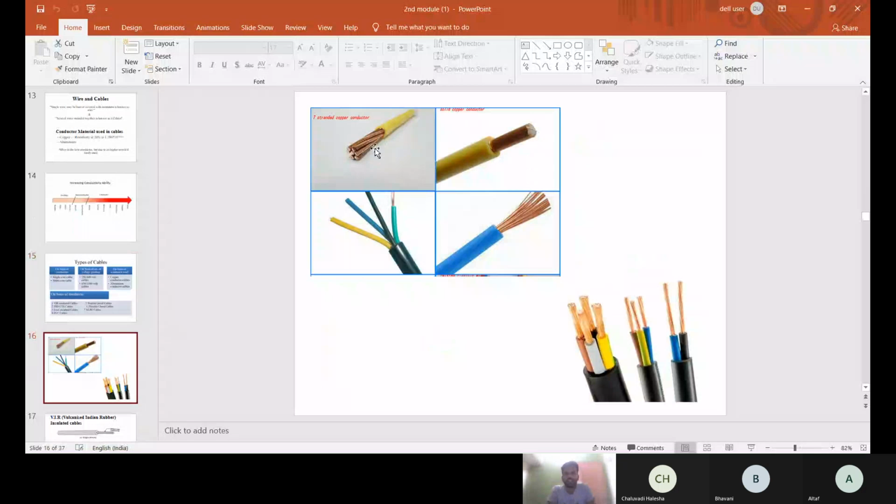These are copper stranded cables, multi-core cables. This is a single core cable, and these are again multi-core cables of small size. And this is a multi-core cable with each core insulated. Like this, you can see 2-core cables, 3-core cables, 4-core cables.